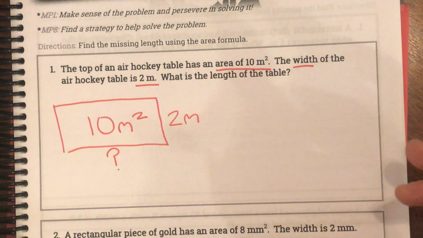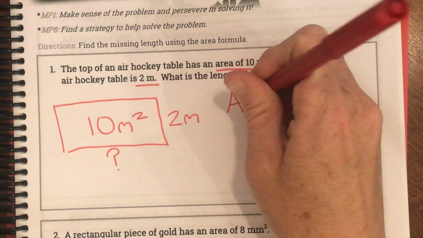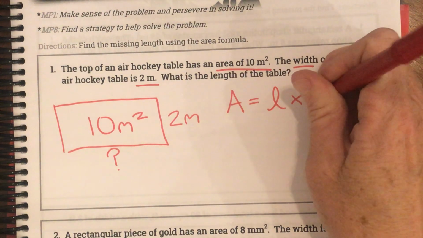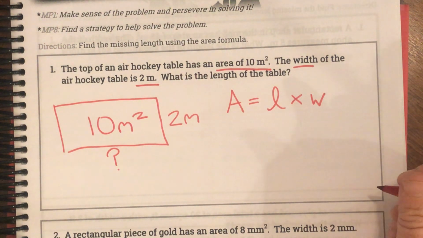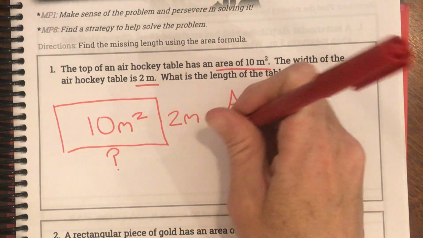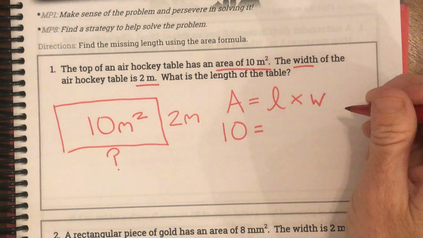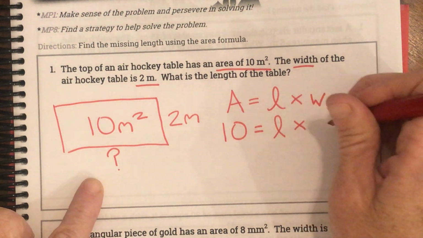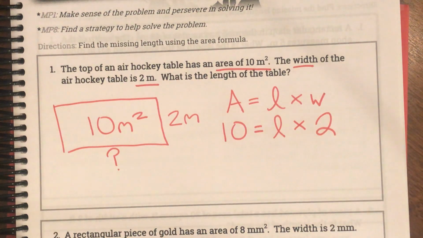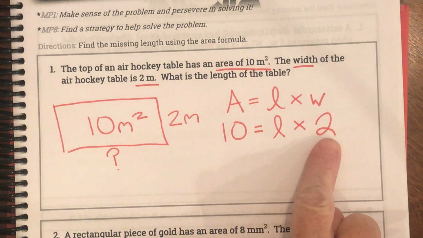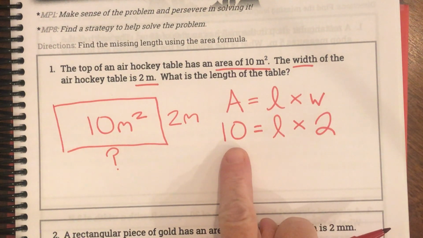So here's my visual. Okay, my formula is area equals length times width. And I know the area is 10. I don't know my length, but I know my width is 2. So I have to ask myself, what times 2 would equal 10?